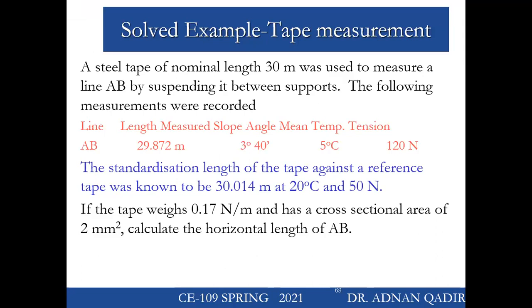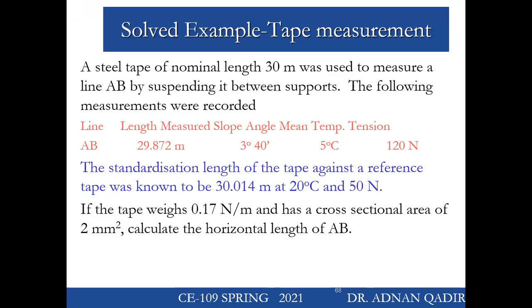Now this is another example in which a steel tape of nominal length 30 meter was used to measure a line AB by suspending it between supports. The following measurements were recorded. The length measured 29.872 meter. Angle is 3 degree 40 minute. Mean temperature 5 degrees centigrade.